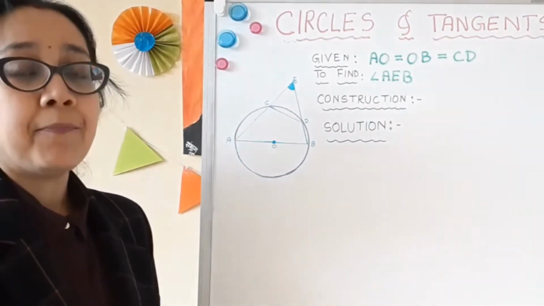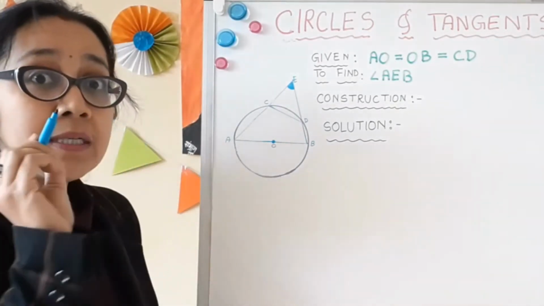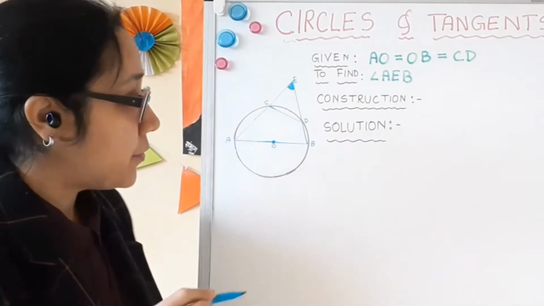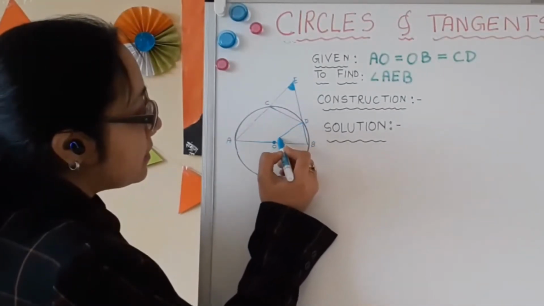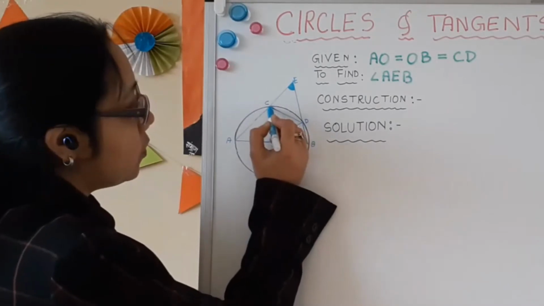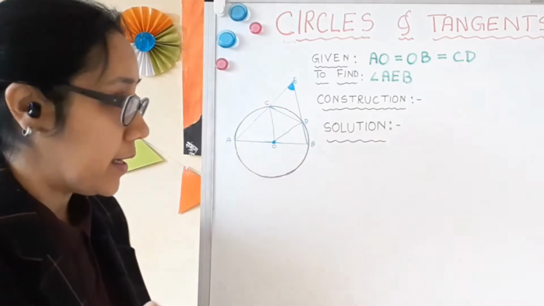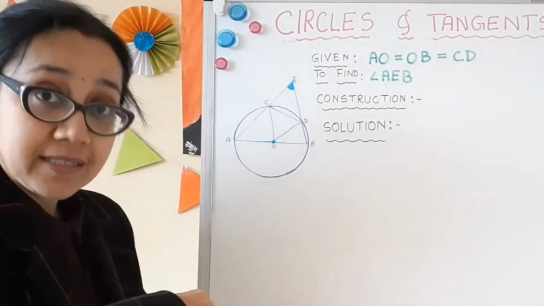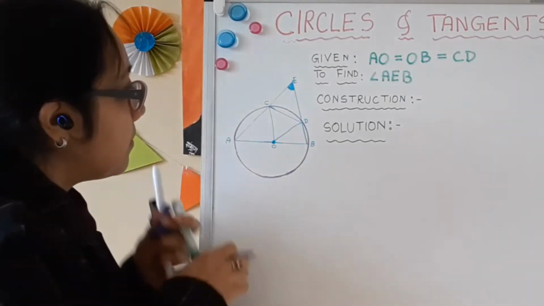So how can we approach this problem? We can approach this problem by doing some construction. First of all, let's join DO and CO. I'll tell you the reason why. We are also doing a second construction here, and that one is BC.